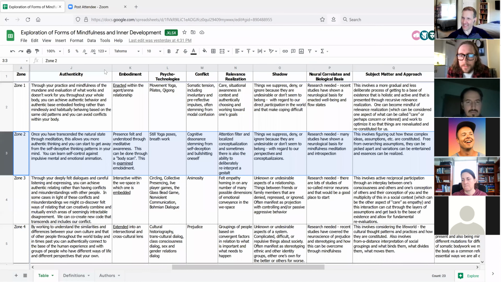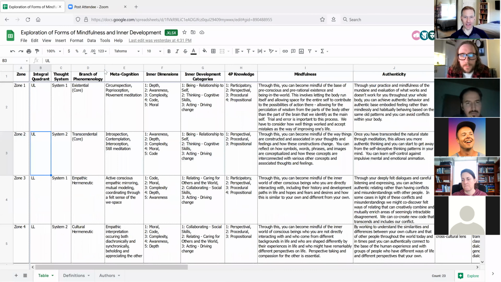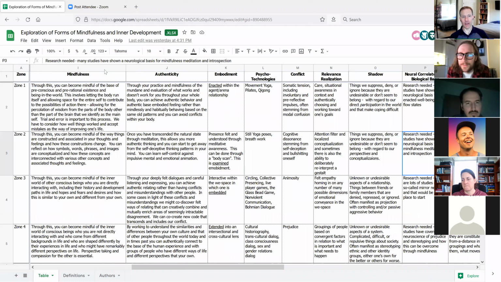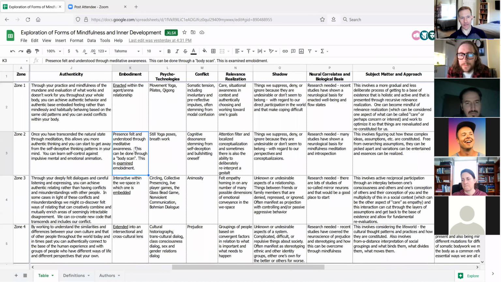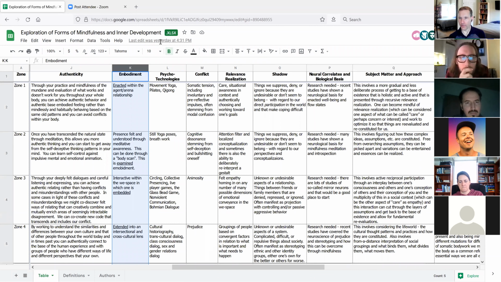So I'm making some editorial decisions on how to do this. I'll admit that another way I could have done it is to just say that this cell here is embodied, and then this column would be something other than embodiment, to encompass all of those 4 E's. But I like it this way because there's 5 E's now.